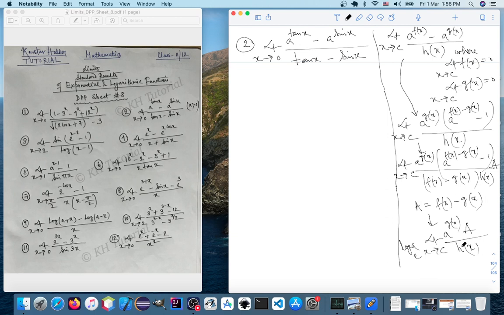So if we apply this approach in this problem, we see that we will take a to the power sin x common, and you see we already have tan x minus sin x in the denominator.